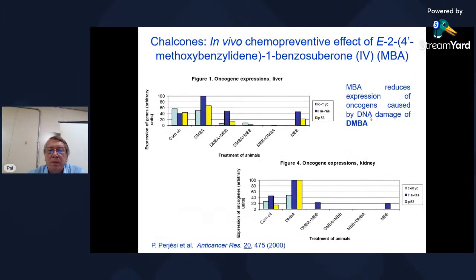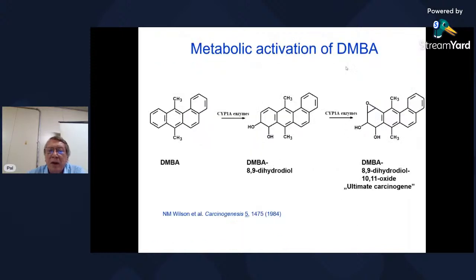So, based on our previous experiments, we presumed that our methoxybenzylidene benzosuberone derivative or cyclic chalcone derivative not only affects the cell cycle, but also prevents the genotoxic, the genetic damage of polycyclic aromatic hydrocarbons.